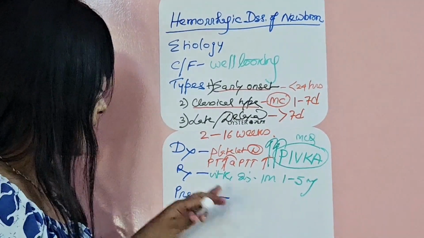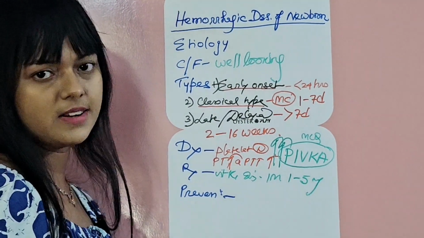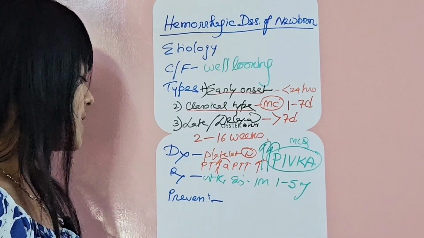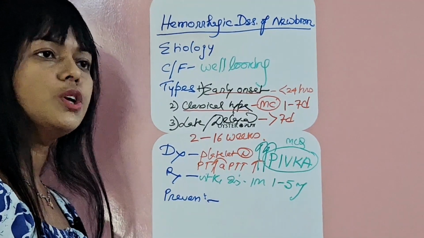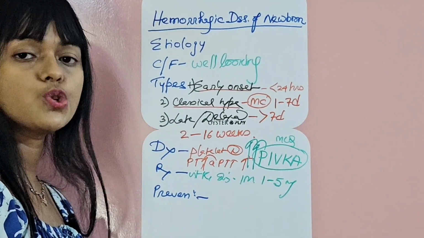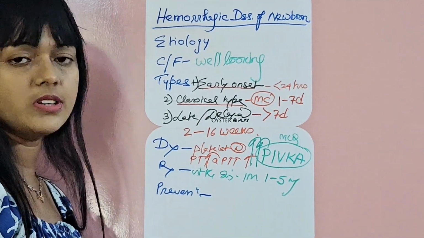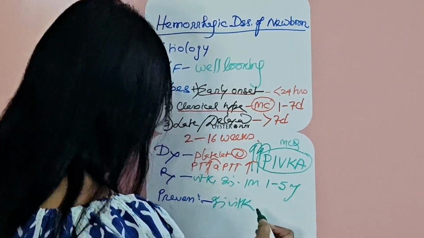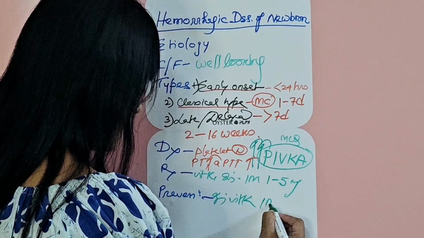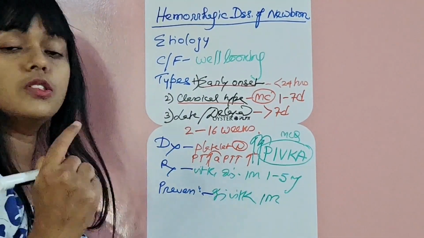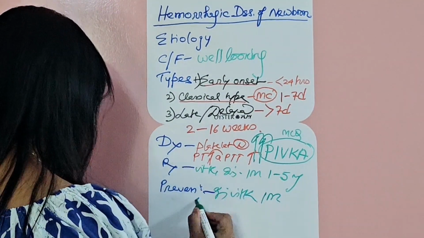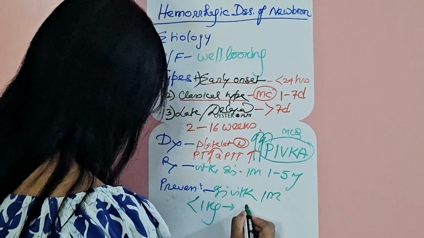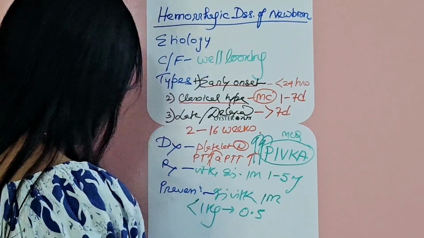Now moving on to the last part, that is prevention. How are you going to prevent vitamin K deficiency in newborn? All the neonates after birth should routinely receive injection vitamin K, given IM, and the dose is: if the birth weight is below 1 kg, the child is going to get 0.5 milligram.